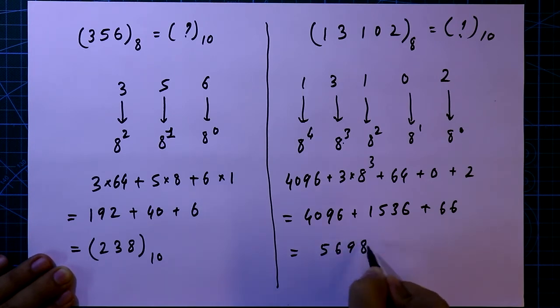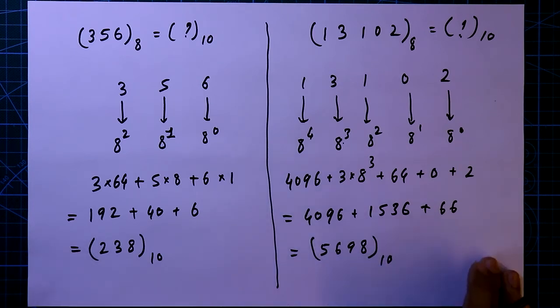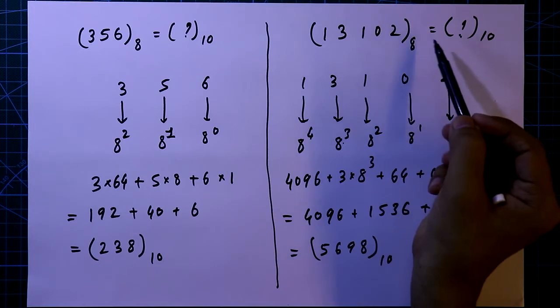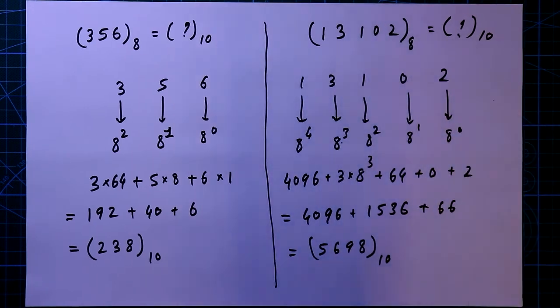Five, 6, 9, 8. So this is the required decimal number, the equivalent of 13102 in the octal number system.